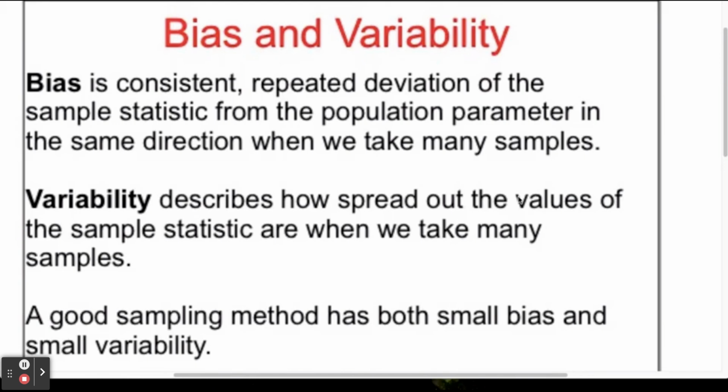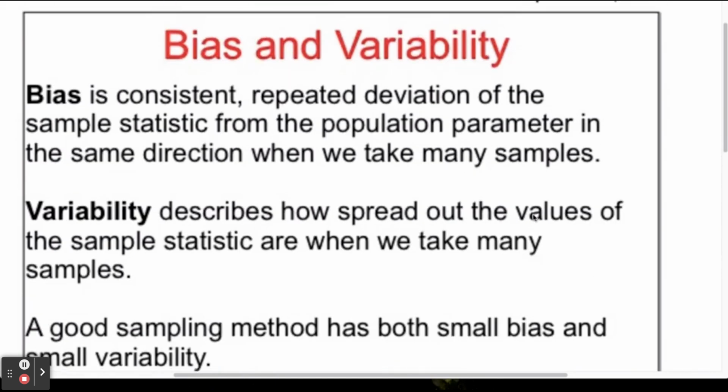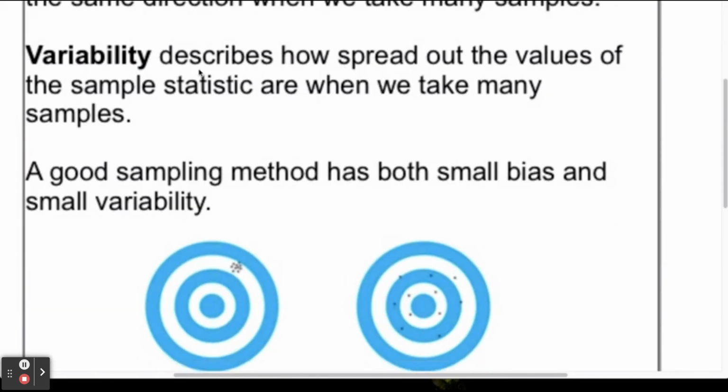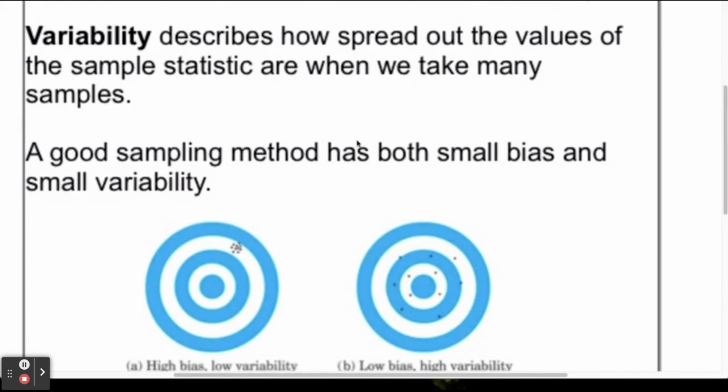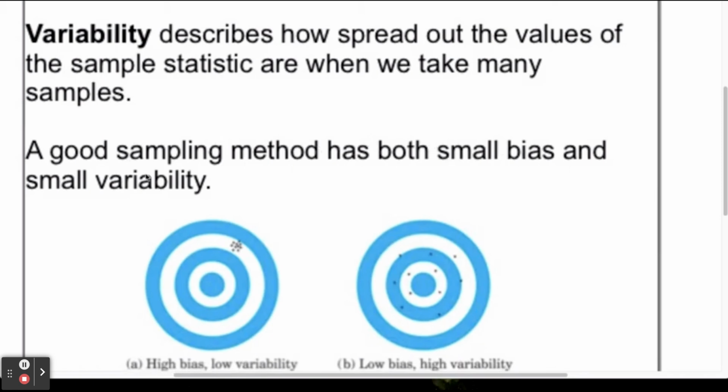One way to identify a bias is taking many different samples, but getting results that are not in line with the parameter. And again, we talked about variability, which describes how spread out the values of the sample statistic are when we take many samples. So a good sampling method has both small bias and small variability.